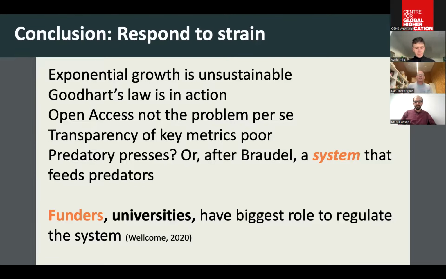And I think we have a very similar situation in academic publishing, where the publishers are negotiating directly with governments, with funders and other such institutions for their resources. And it is in that context, this is the system which we have to pay our attention to, more than just the individual companies. And therefore, we think that funders, universities, have a much bigger role to play in regulating all of this.